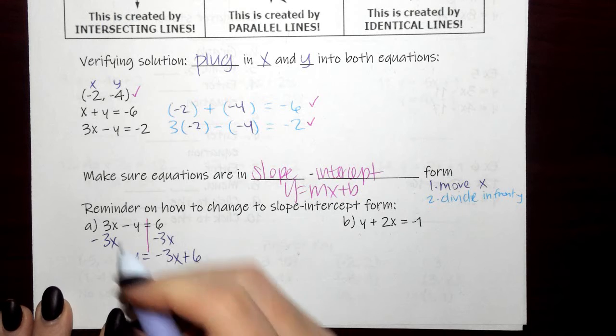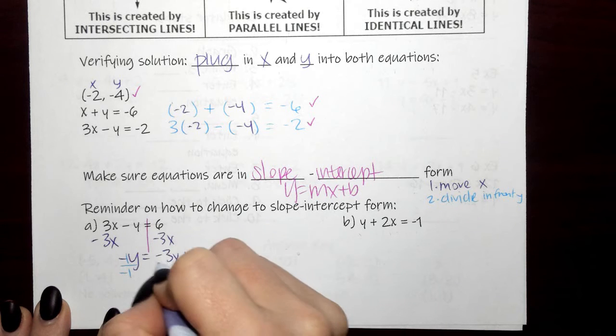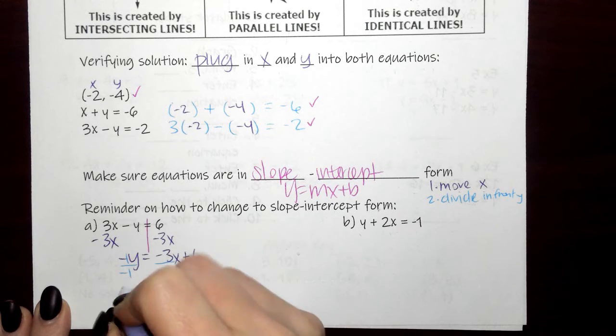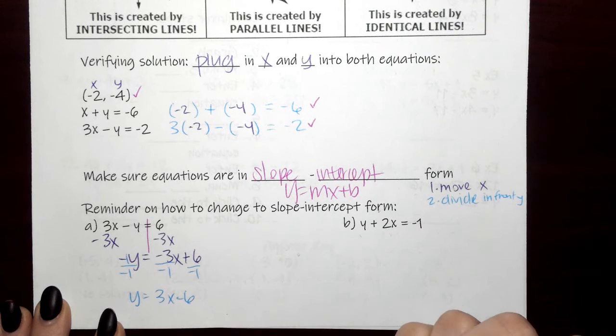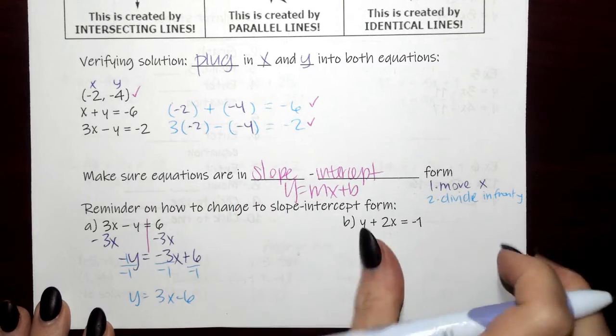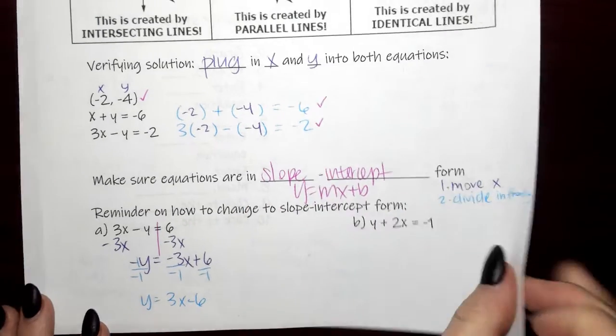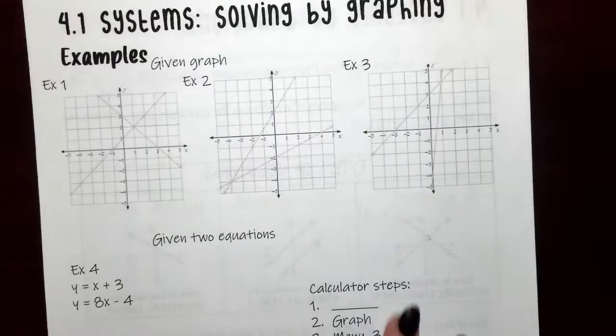So this is a negative sign, so it's like it's a -1. I gotta still divide that. So we got y equals 3x minus 6. That's how you get y by itself. Now it's in slope-intercept form. Now I can graph it. You've got to make sure they are all in slope-intercept form to make graphing easier.